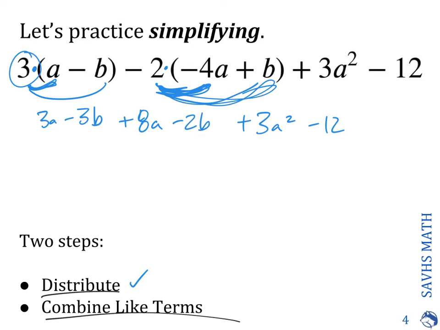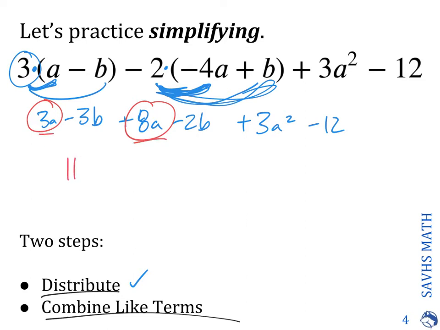So what I'm going to do is find all of the things that say a. This one right here is not an a. It's an a squared, and because it's an a squared, it's not a like term with the a's. The a's are the ones that only have an a and nothing else. So our answer for the a's is, well, we have 3 a's here and we have 8 a's here.